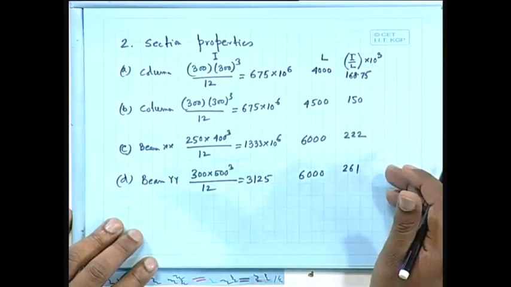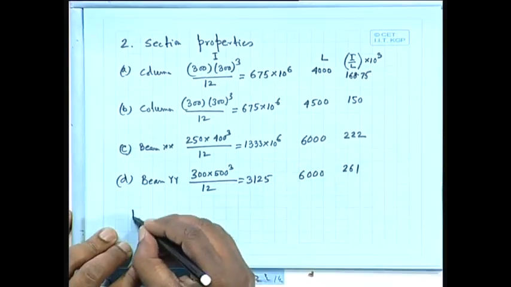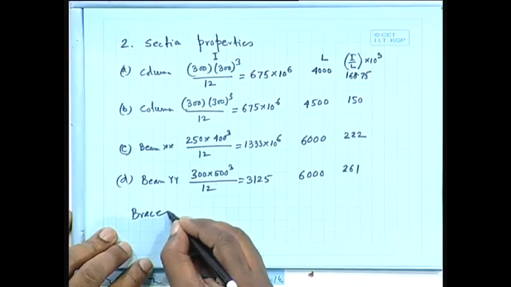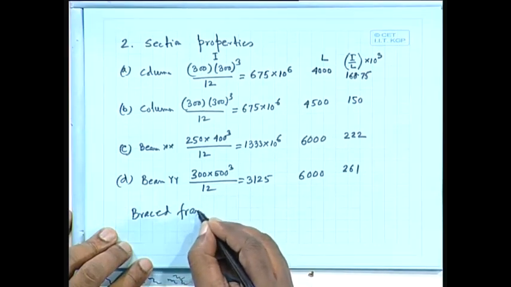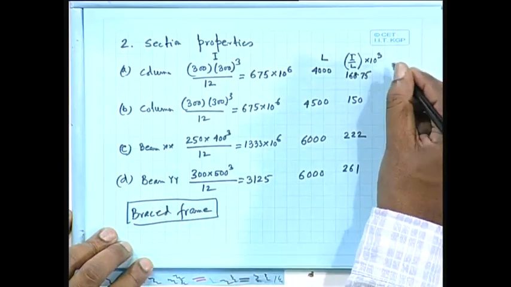If we take this one as, say, a braced frame, the frame is braced, we are taking that one. So, braced frame, then what should be our correction?